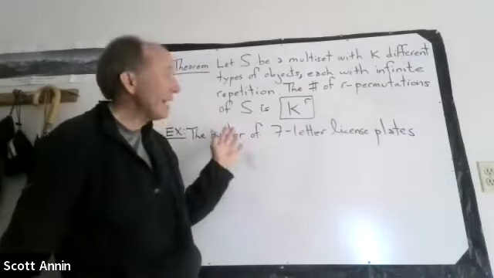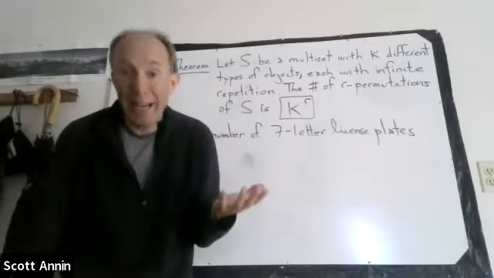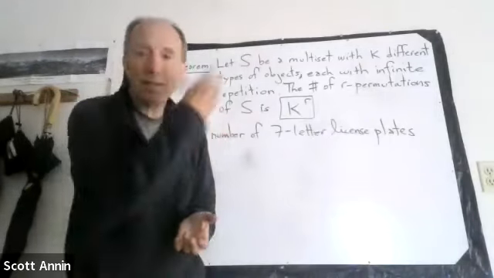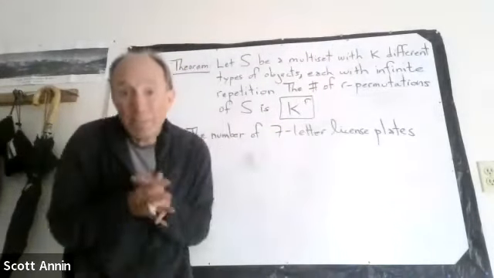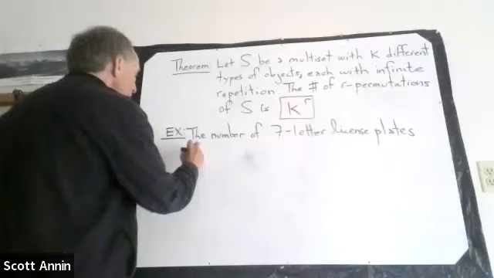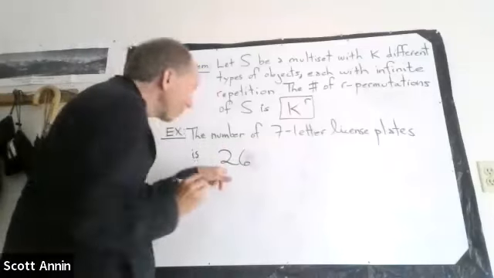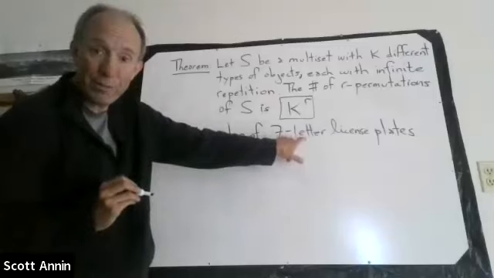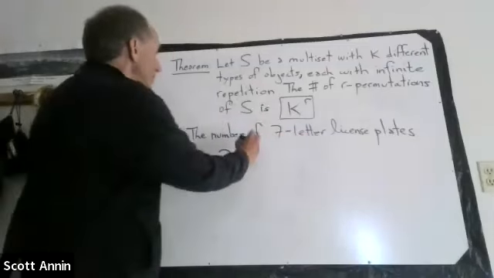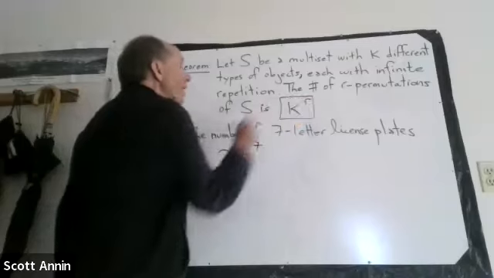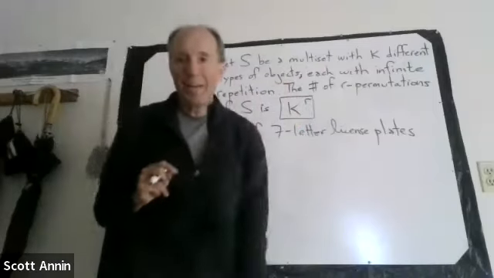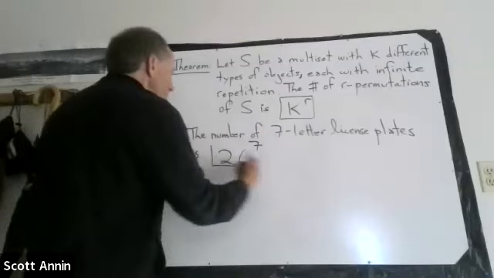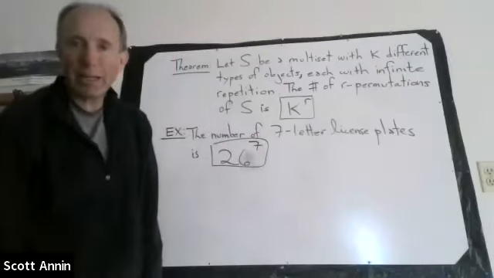But they didn't say that here, and we know that we have an alphabet that has 26 letters in it, and we can use any of those 26 letters as many places and as many times as we want, right? So this is simply 26. That's the number of different types of objects that we have when we're filling out letters, assuming we're using our English alphabet. And the power, the R, is just the length of that permutation, which in this case is 7. So this would just be the answer.